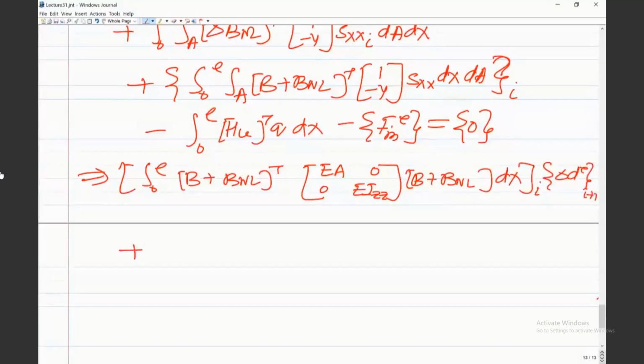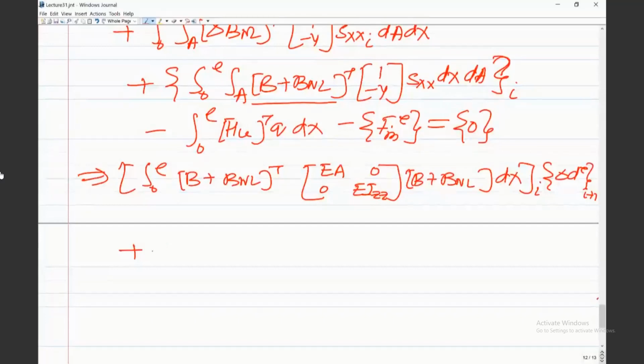second term. If you look at this term, we keep this as it is. Integral Sx dA would be Sx into A, that is axial force N, and integral minus y Sxx dA, Sxx into dA is force, into y is the moment, and minus y will give you the bending moment.